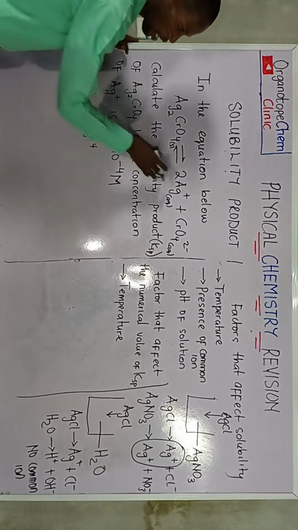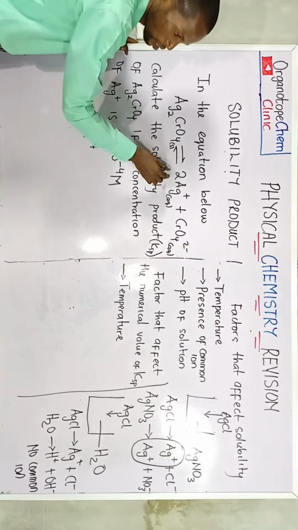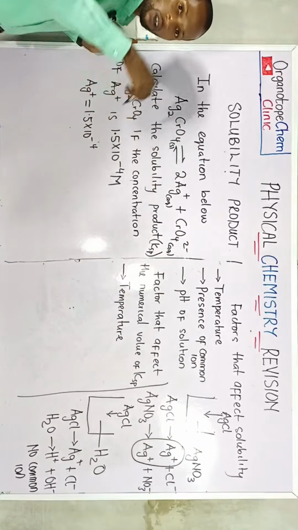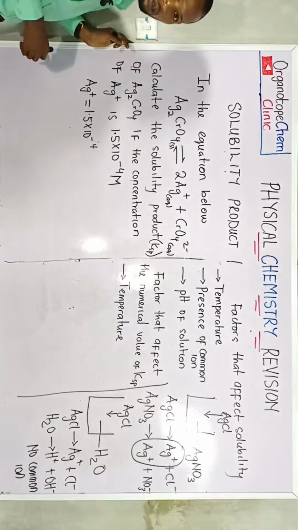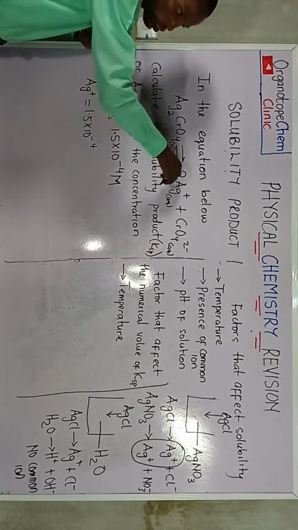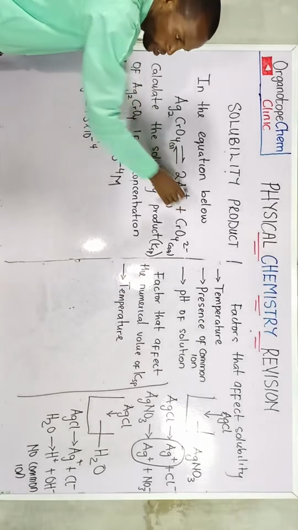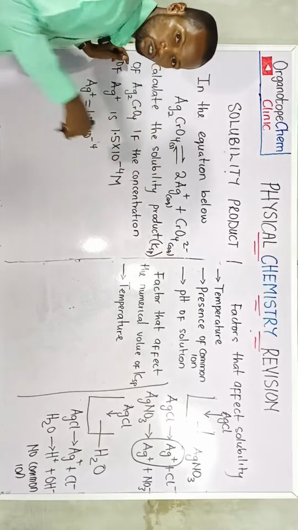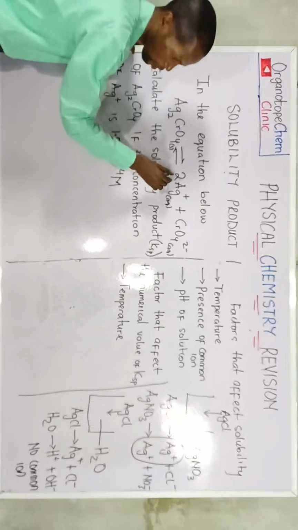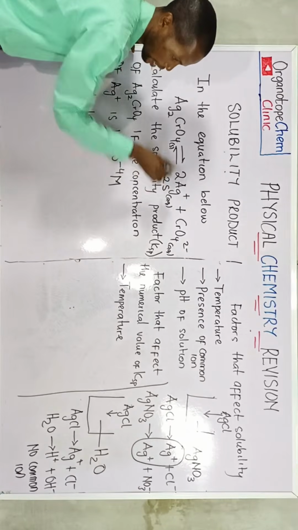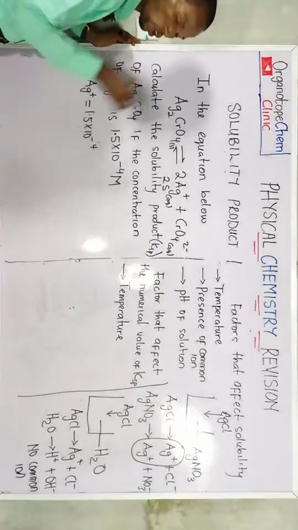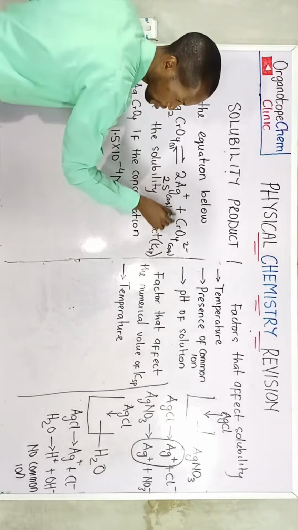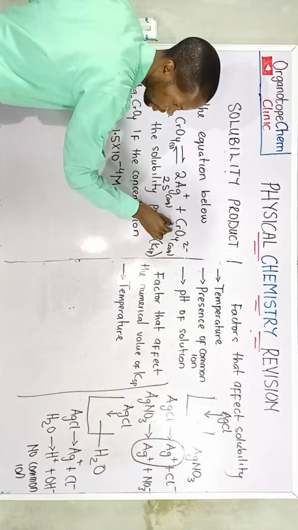And from here, we need to determine the solubility of the ions in the solution. So we need to find the solubility of individual ion in solution. So from here, I have 2s. Let S represent the solubility of the ion. And since we do not have any coefficients here, this one is S.